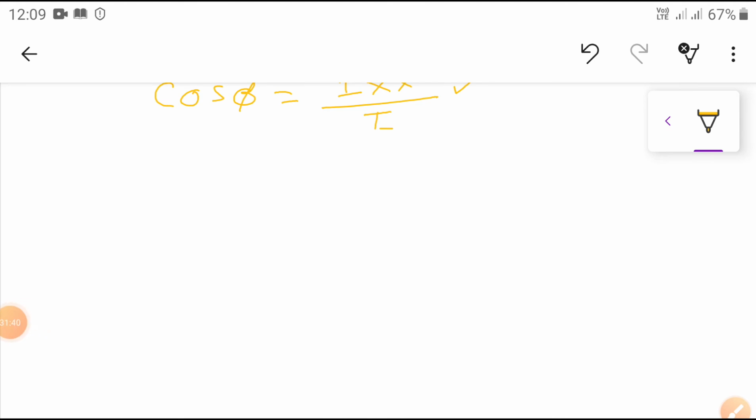One problem. So here what is given? So I can directly write the equation. Two circuits A and B are connected in parallel to a 230 volts 50 Hz supply. Circuit A consists of resistance 50 ohms in series with an inductive reactance of 100 ohms, and circuit B consists of resistance 75 ohms in series with a capacitive reactance of 20 ohms.